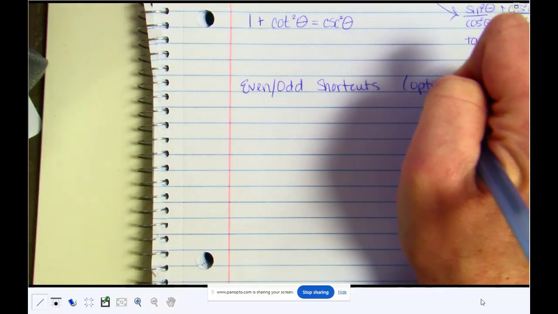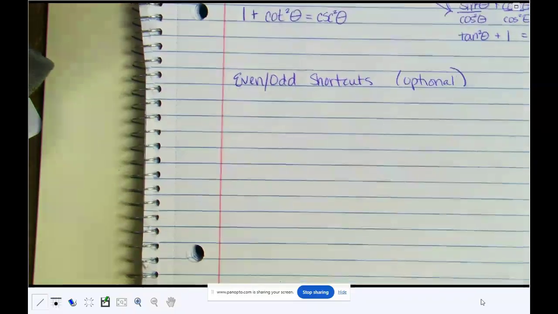Okay. So this one you can write down. You don't have to know how to do this, but after I show you this, you might be like, oh, this just saved me some steps and I might want to use it.